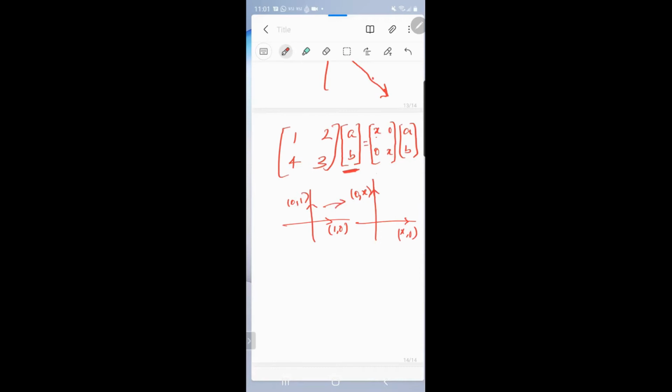So it's a scaled vector, a vector whose size has changed but direction is the same. That's our goal, because that's the definition of an eigenvector. It's the same vector, but size has increased or decreased, in the same direction.